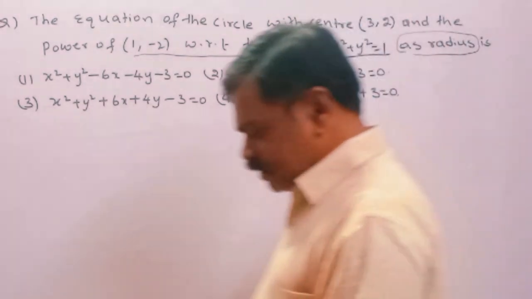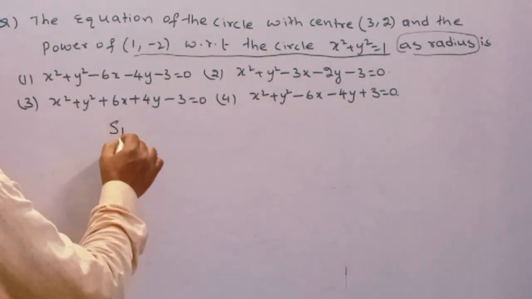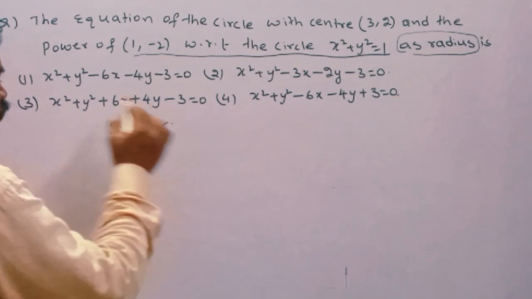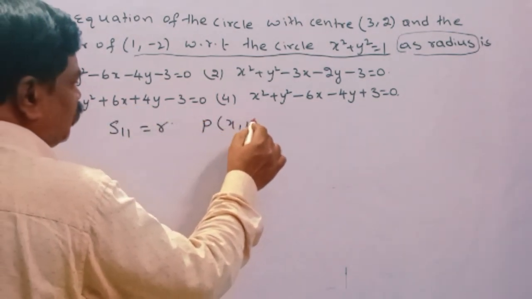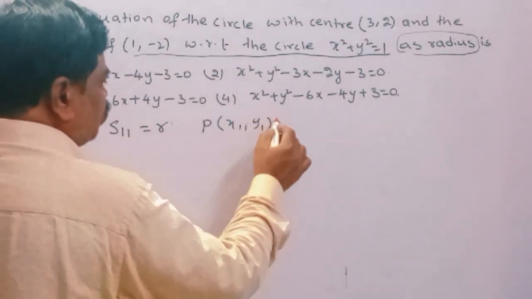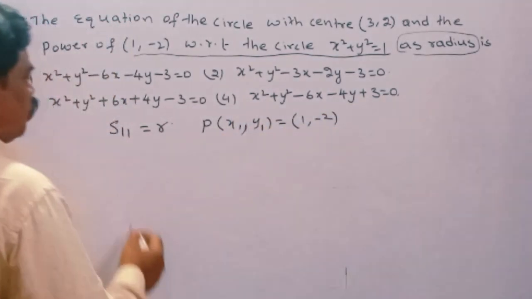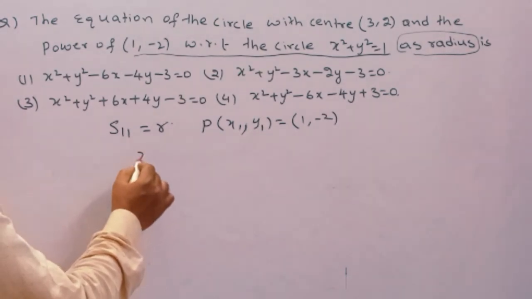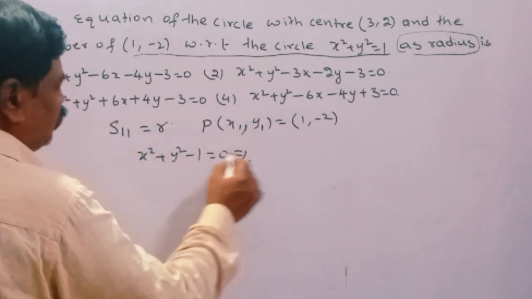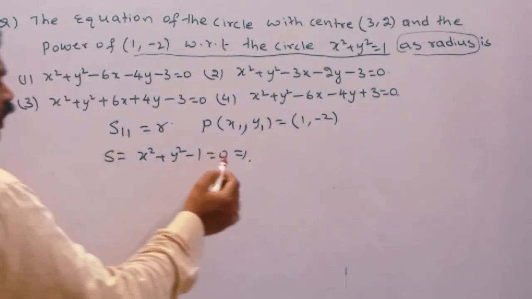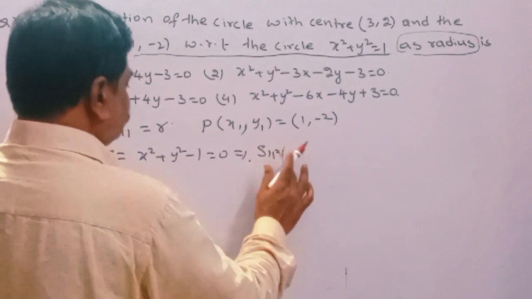Here, the power of the circle is S11 equal to R. Here P(x1, y1) is equal to what? (1, -2). So the given circle is x square plus y square minus 1 equal to 0, which is S, and S11 is equal to what?